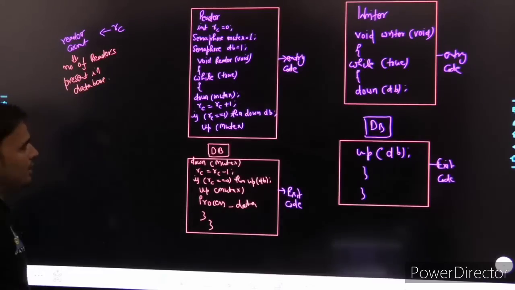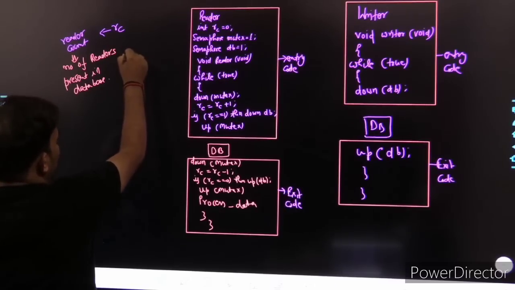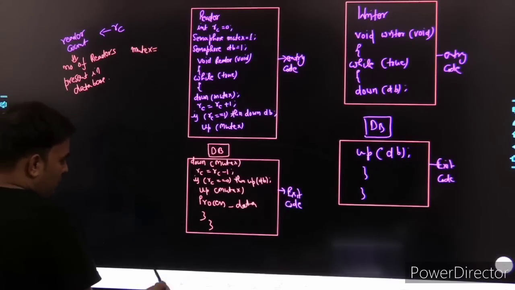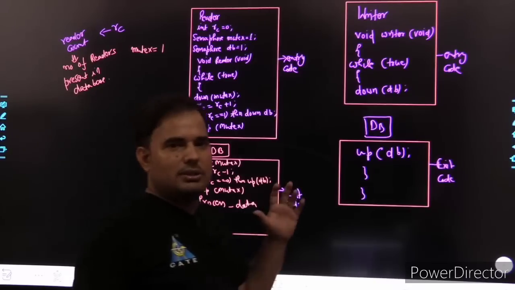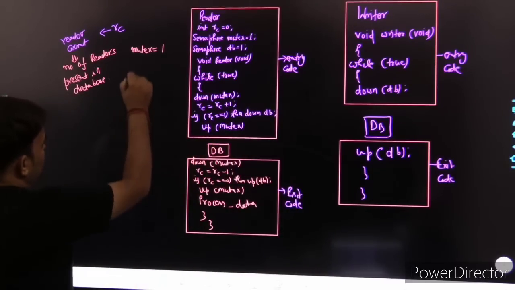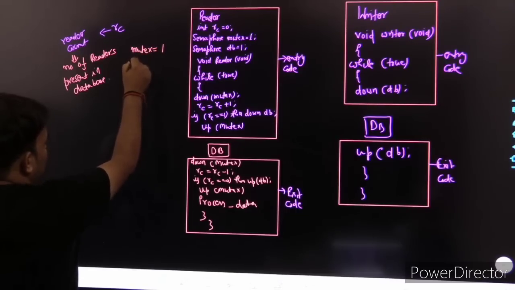RC will give you this, and here we are also using this mutex. As we have discussed for binary semaphore, we need to initialize the mutex with 1. We are using another semaphore, DB, and we also need to initialize it with 1.